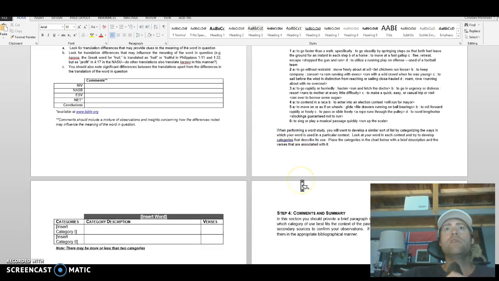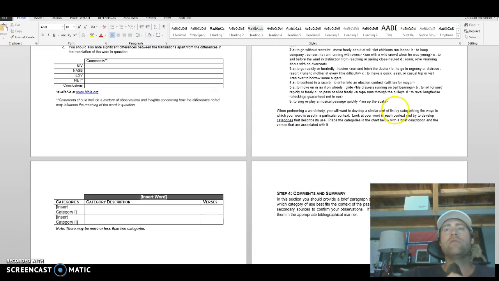When performing a word study, you will want to develop a similar sort of list by categorizing the ways in which your word is used in a particular context. Look at your word in each context and try to develop categories that describe its use. Place the categories in the chart below with a brief description and the verses that are associated with it.